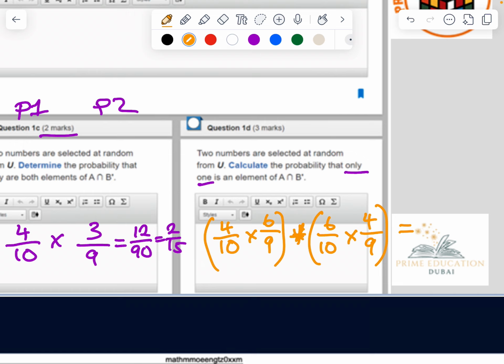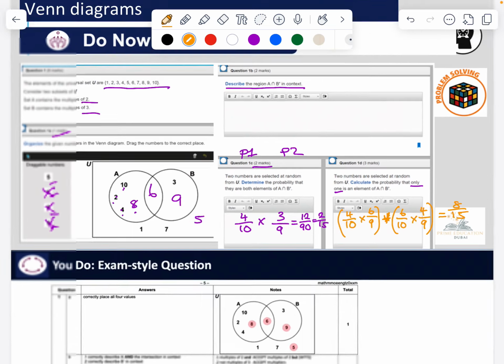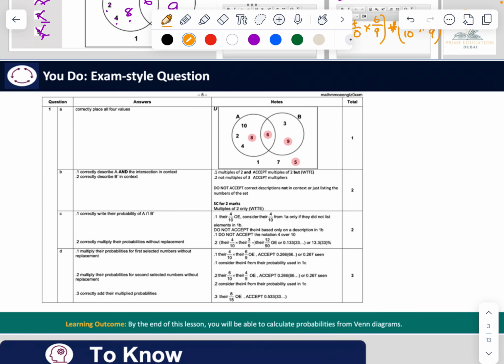So we're going to add that together with 6 over 10 times 4 over 9. And that answer is going to give me 8 over 15. Okay, and then the answers are here on the next slide if you want to pause and have a look.